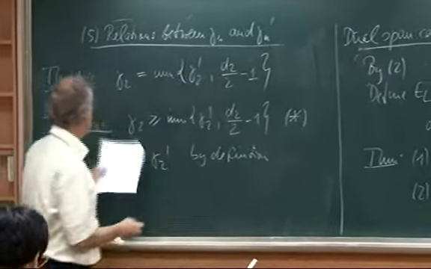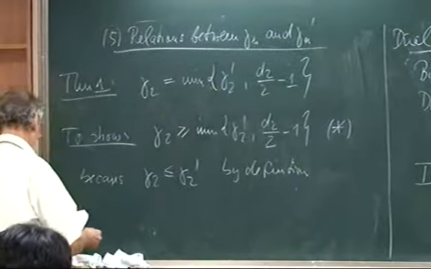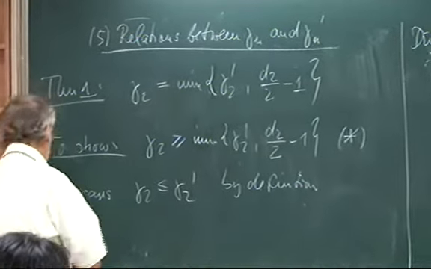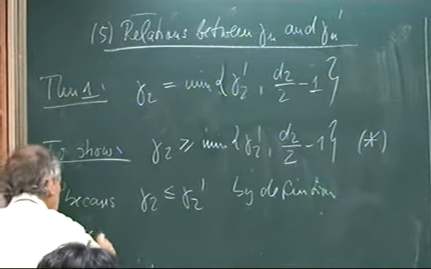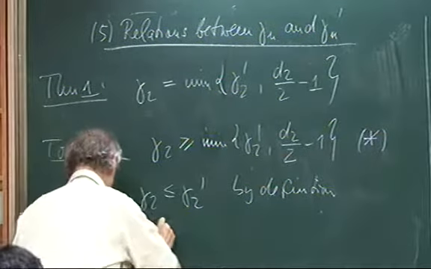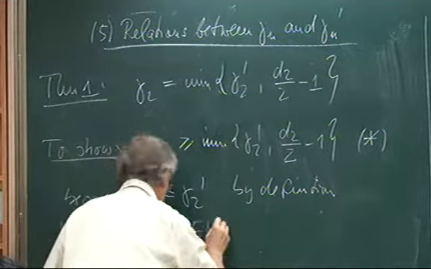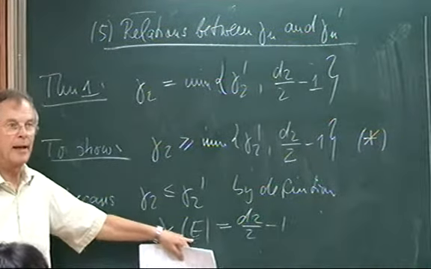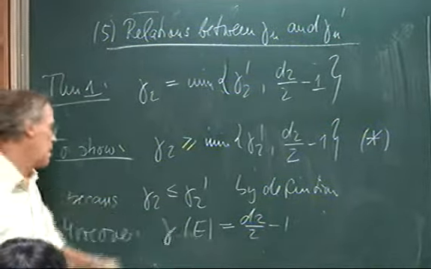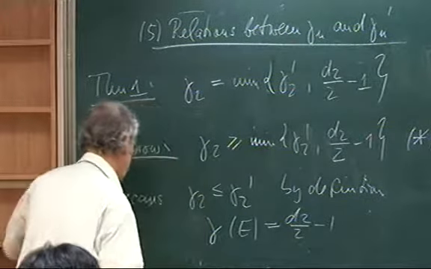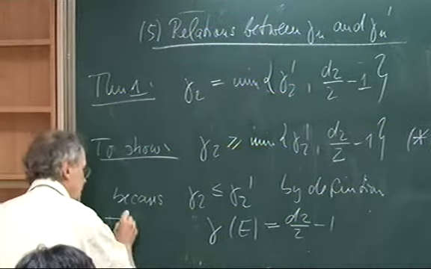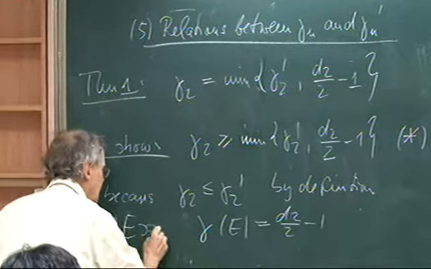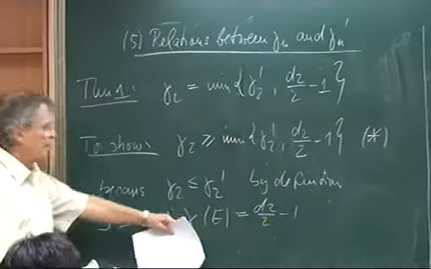Moreover, we have to show that the equality gamma of E equal to d2 over 2 minus 1 can be attained. I mean, there exists a semi-stable vector bundle E with these properties.